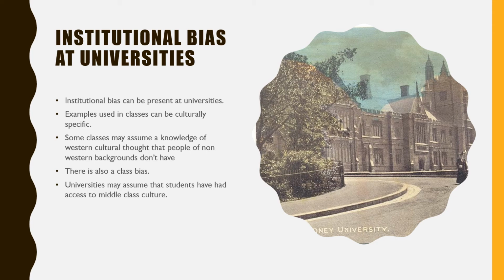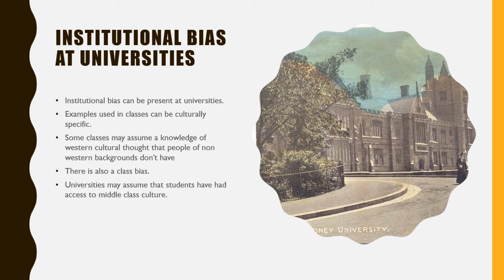There's also a cultural bias, obviously, when you're at a Western university. There's a whole assumption that people understand Western cultural references at a university. And some people who don't come from a Western cultural background may not understand those references and may be in the same position that I was in as well.